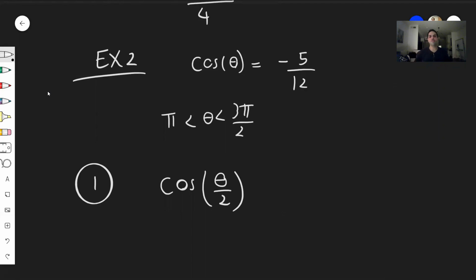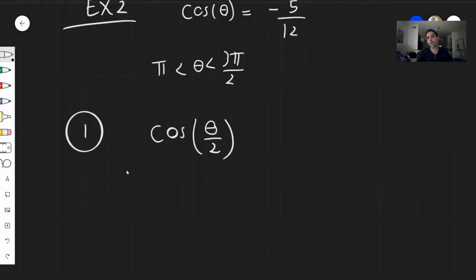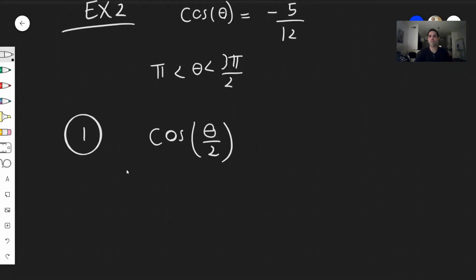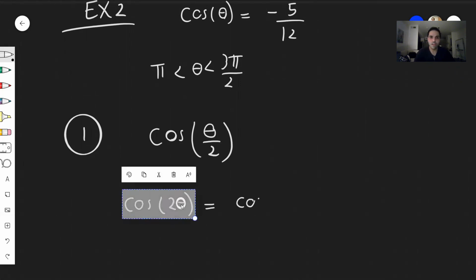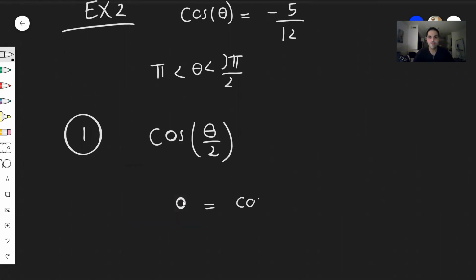And again, technically you shouldn't need to memorize this, because this actually follows from the double angle formula. So let's start here again. Cosine of 2 theta. What is this? Or maybe to make it even easier, let's do cosine of 2x. You'll see why.